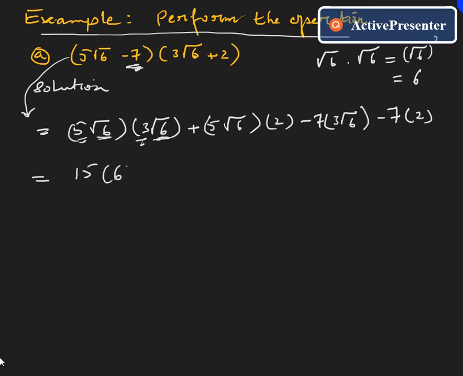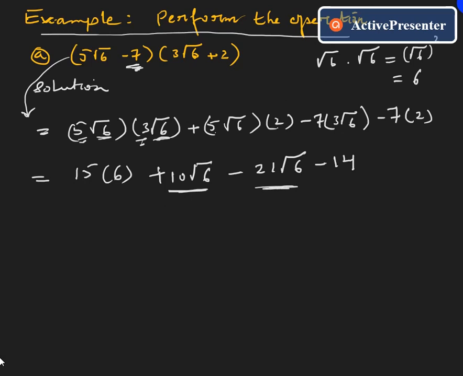So 15 multiplied in 6 here, plus 2 multiplied in 5 should be 10 square root of 6. Then minus 7 multiplied in 3 is minus 21 square root of 6. Minus 7 multiplied in 2 is minus 14.